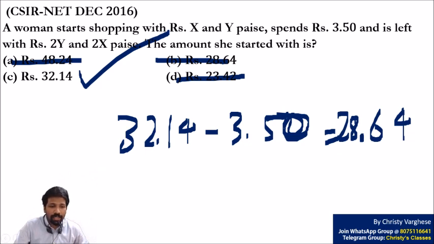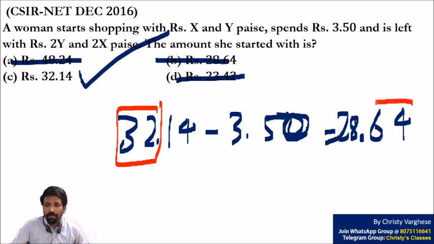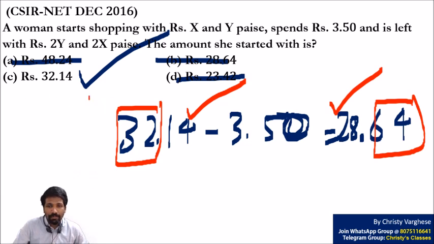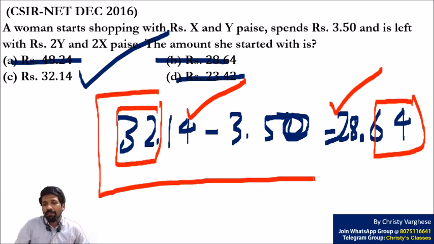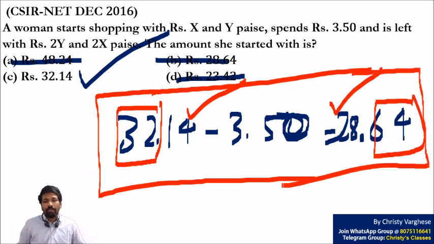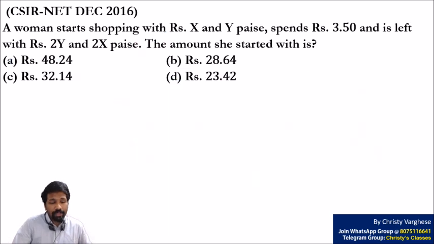That clearly satisfies the condition: 32 rupees doubled is the final paise 64, and 14 paise doubled is the final rupees 28. Again, this verification is unnecessary in the exam hall. When you practice you can verify, but at the time of the exam, when you eliminate 3 options, you should be sure about your solution and say that the remaining one is the answer.